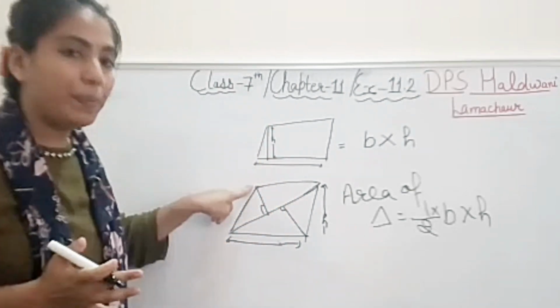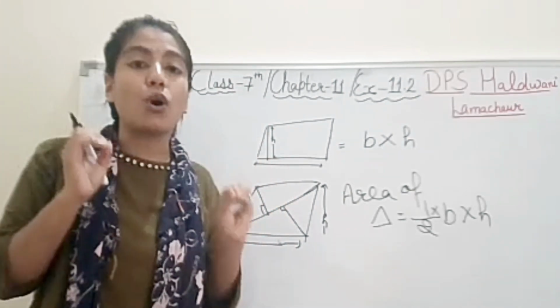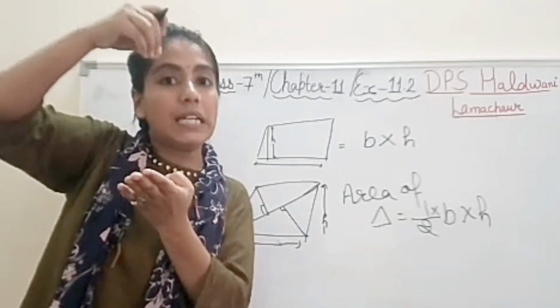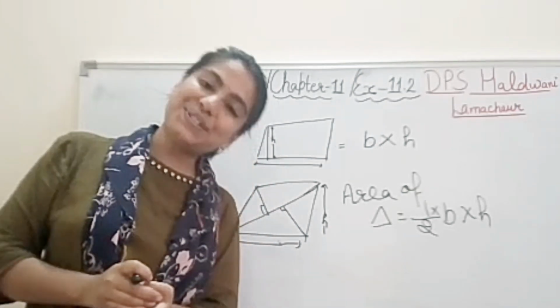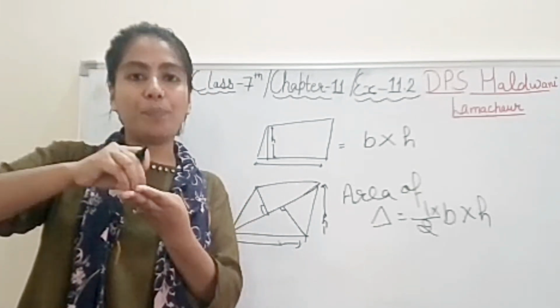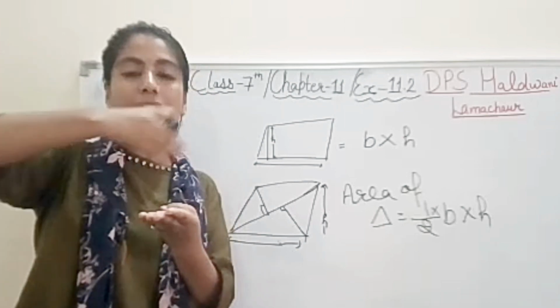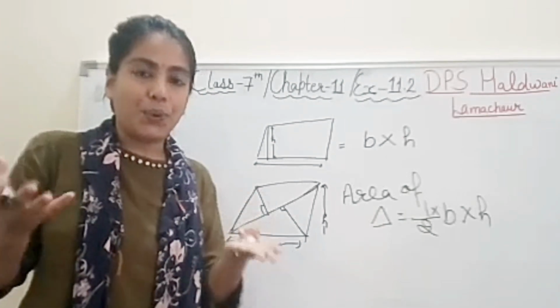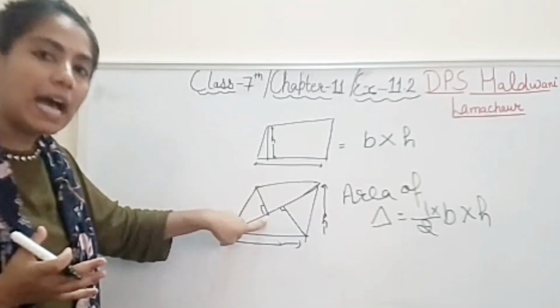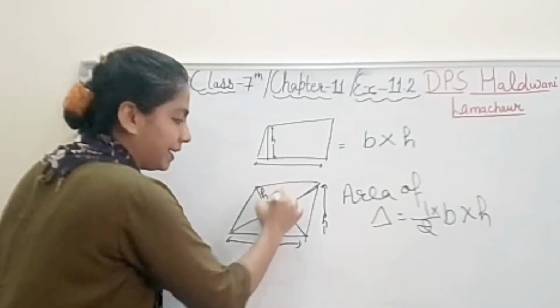Height is when we draw from any vertex, because we are talking about area. So area will consider the height from the inside only, because area means the space occupied by an object. So we are talking about the inside area. So height is from inside, from any vertex, when we draw a line, that is called height.